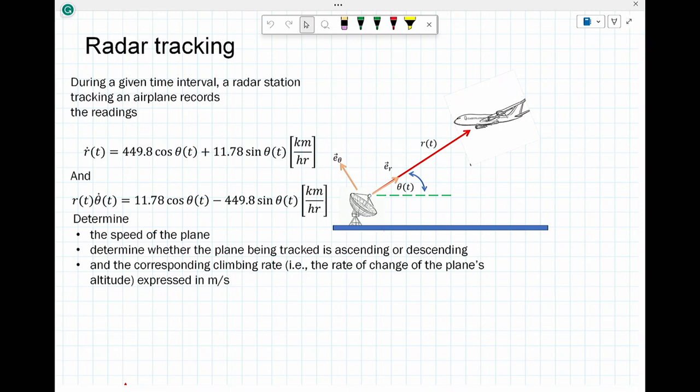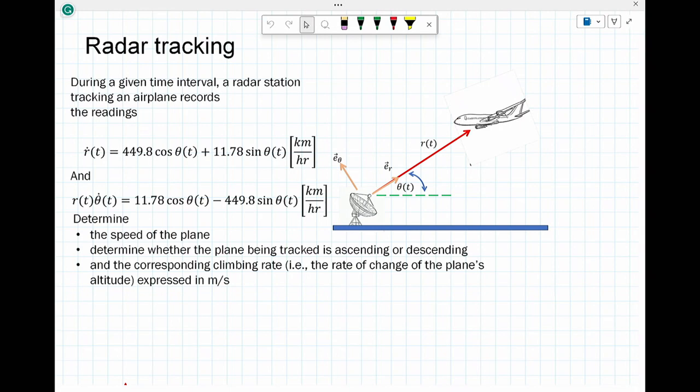Okay. During a given time interval, a radar station tracking an airplane records the readings r dot as a function of time, 449.8 cos theta(t) plus 11.78 sine theta(t) kilometers per hour. And it also records r theta dot as a function of time as 11.78 cos theta(t) minus 449.8 sine theta(t) kilometers per hour.